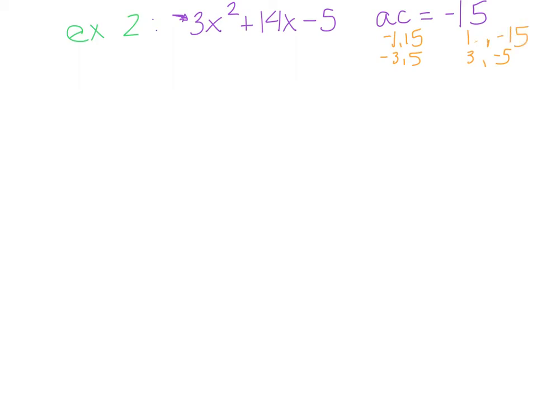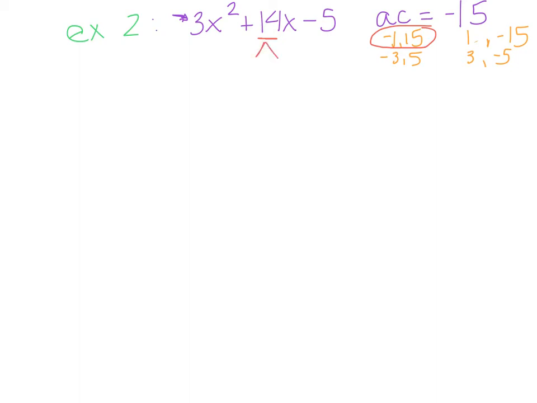Okay, so looking for those factors that add up to give us this positive 14 here. Do any of these things add up to 14? Yeah, right here. So after you find those factors, I'm going to rewrite and group.